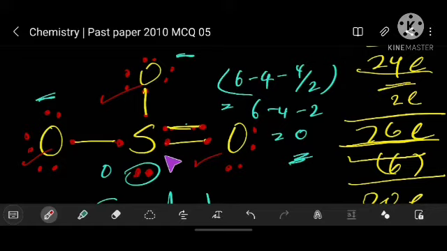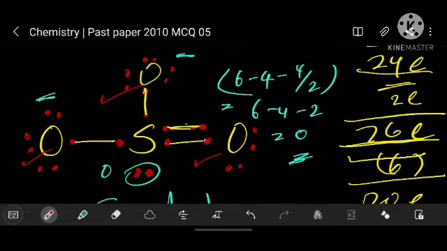We don't care about whether it's a double bond, a single bond or a triple bond. As long as we have one bond between two atoms, whether it is single, double or triple, we count it as one repulsive unit.